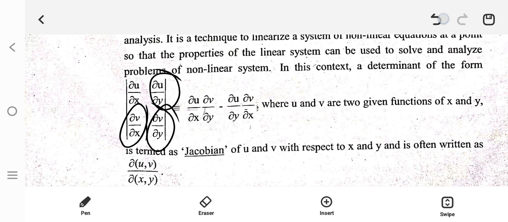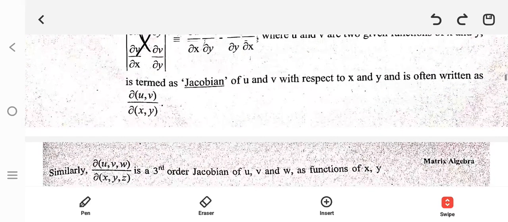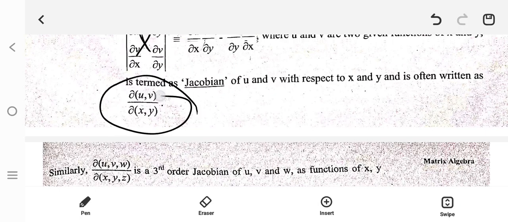Multiplying, we get del u del x times del v del y, minus del u del y times del v del x, where u and v are two given functions of x and y. This is the Jacobian of u, v with respect to x and y. Often we write this as del(u, v) by del(x, y).